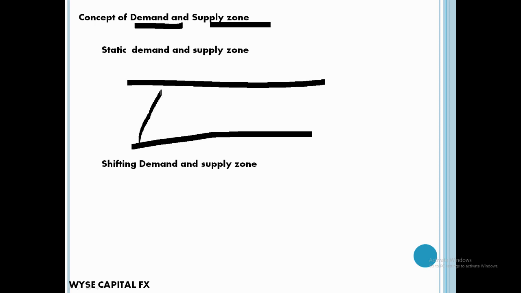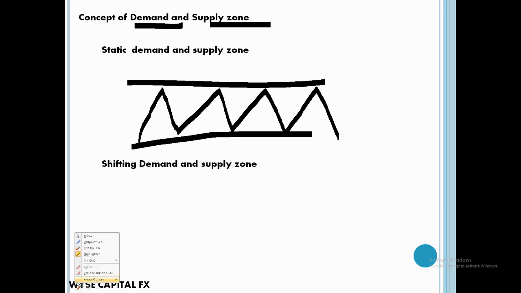So if the market is moving sideways like that, there are areas where buyers are interested in coming back to the market, and buyers are interested in this zone down here. Buyers are interested in this level, this support zone.